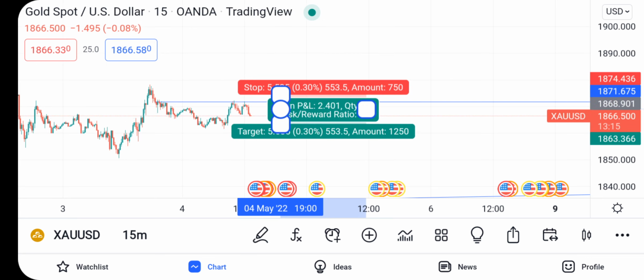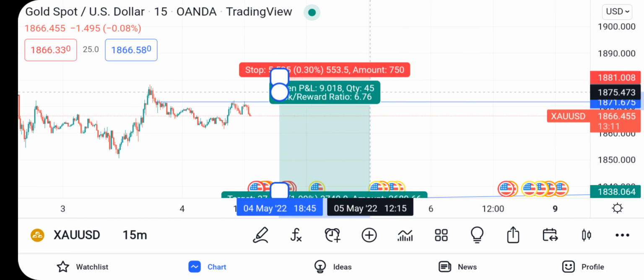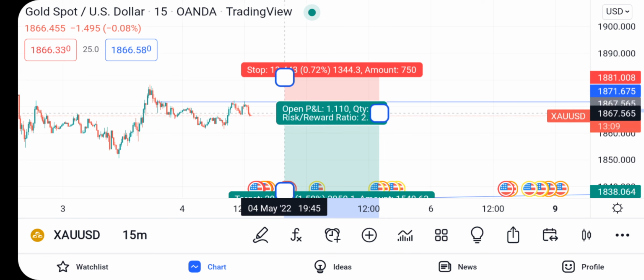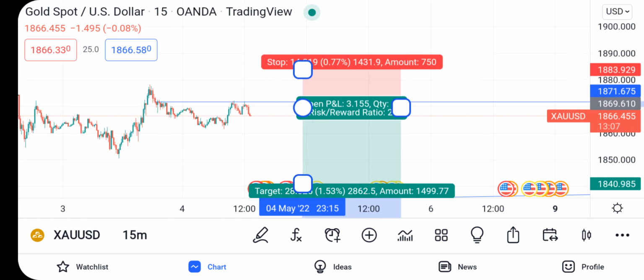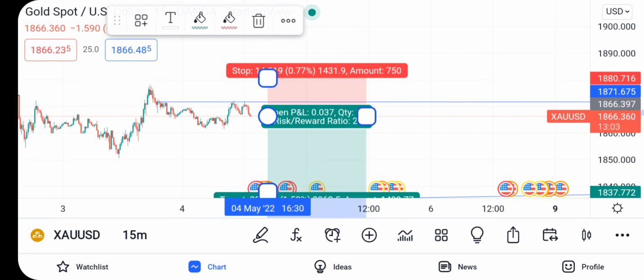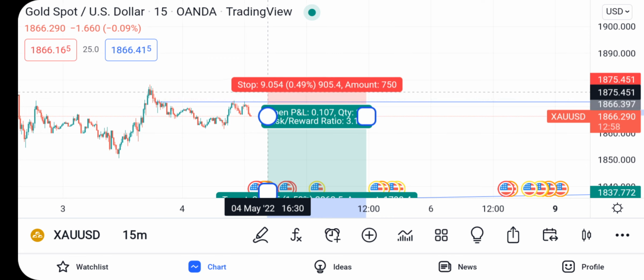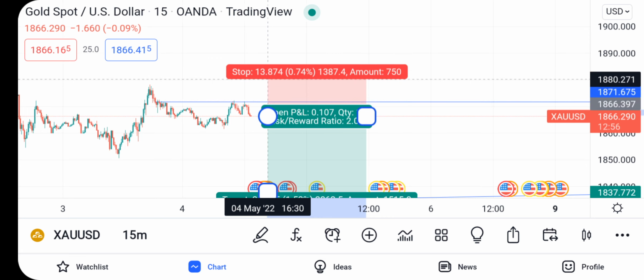I'm taking a sell on gold, guys. Stop loss around there, or on top of this wick there.